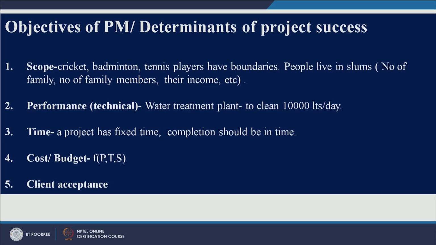As I said, the cost or budget of a project is a function of its scope, its time and its performance. So, if you want a better performing product or project, then its cost would definitely be more than the previous cost. And finally, client acceptance.